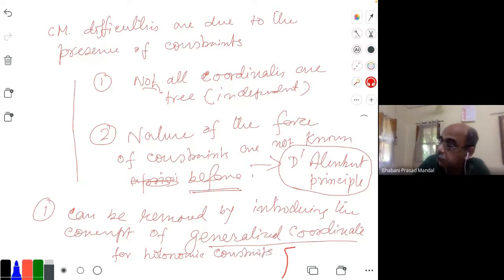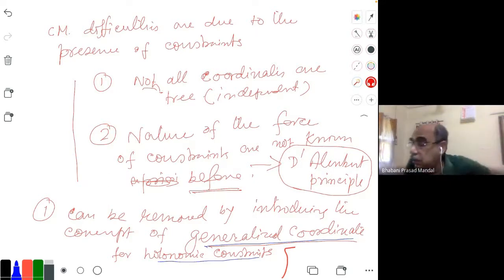So this is very important, holonomic constraints and generalized coordinates. Which is holonomic and which is non-holonomic, we studied in the last class. For a non-holonomic constraint, the situation is still difficult.